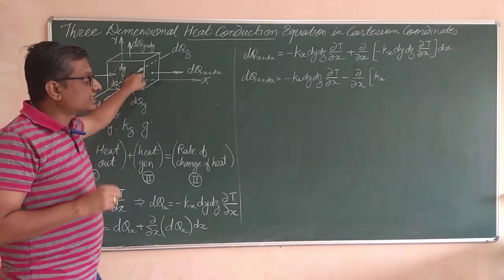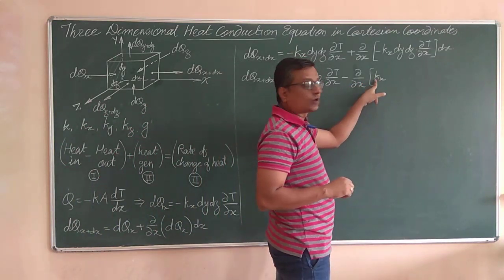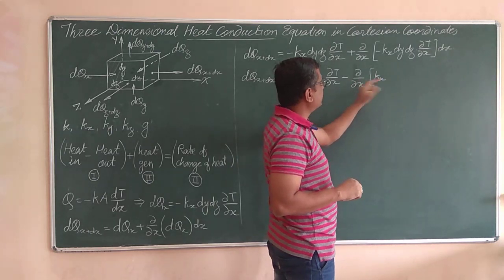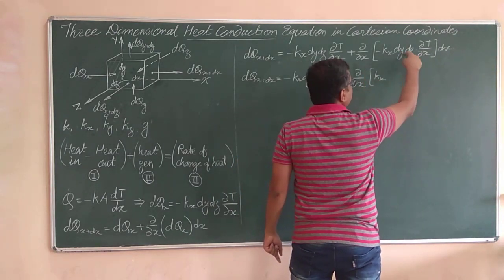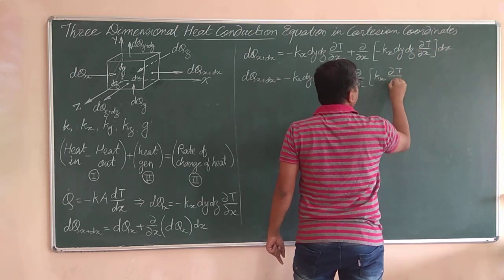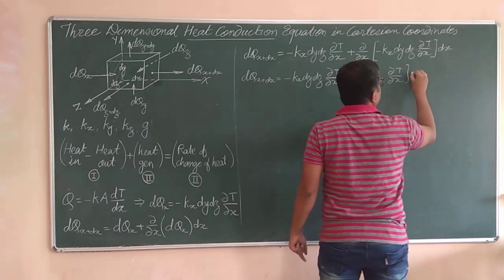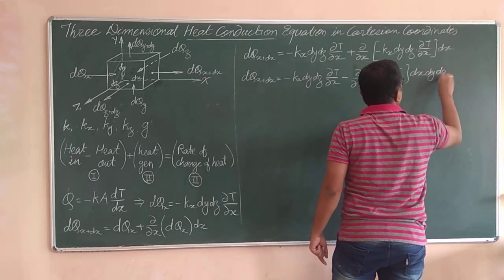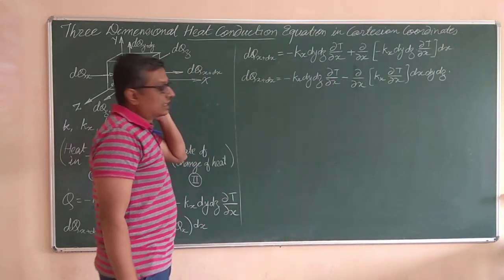So if we consider kx to be a function of x, then we cannot consider it constant and take it out of the differential, so we have to keep it within the differential bracket. So ∂/∂x of kx ∂T by ∂x, and now I take this dy dz outside, so I will get dx dy dz. So that is the equation for dq(x+dx).